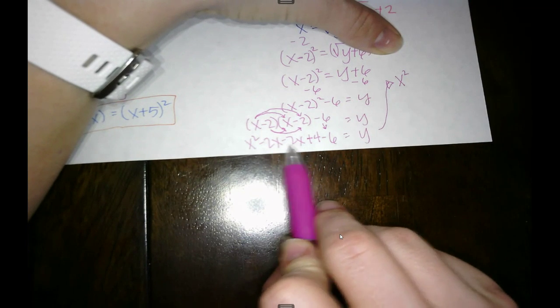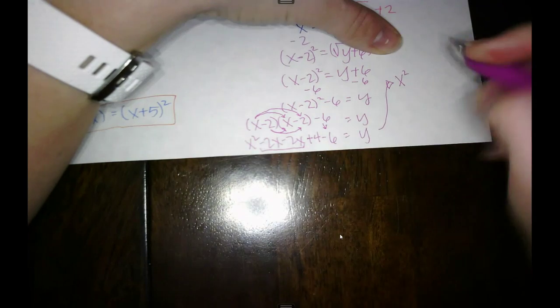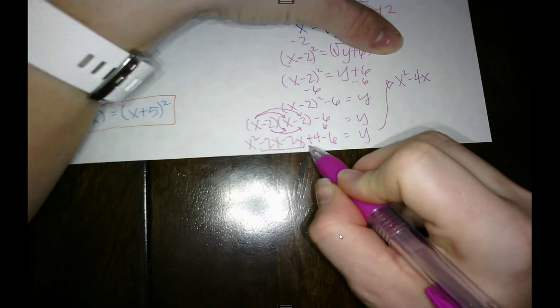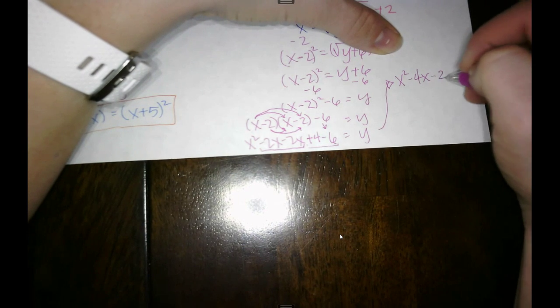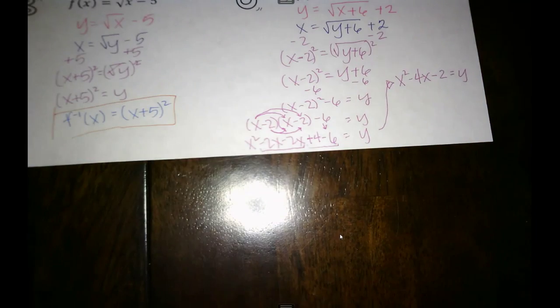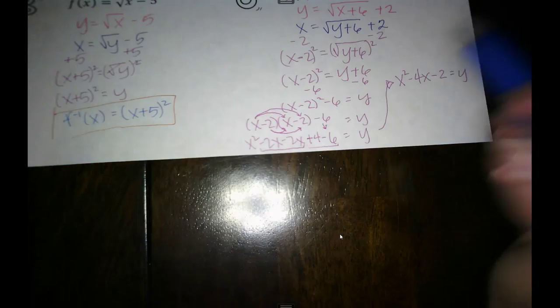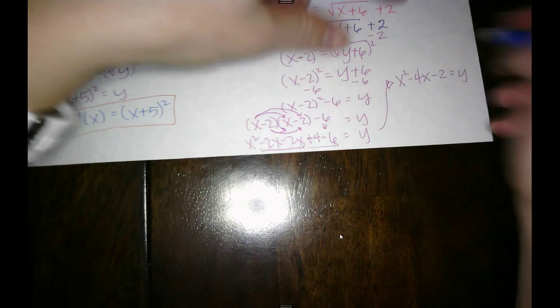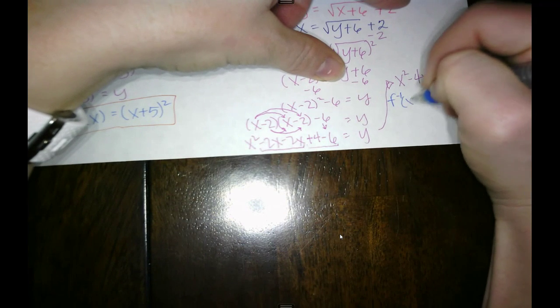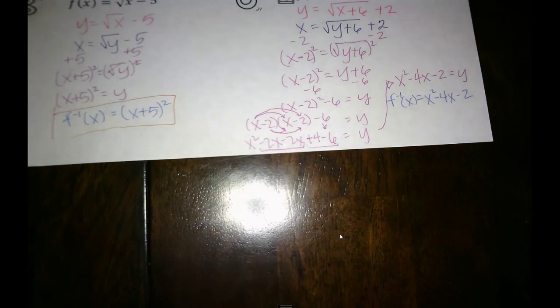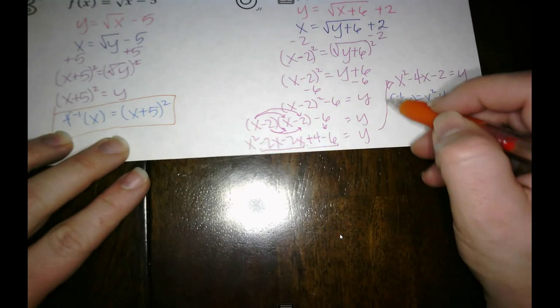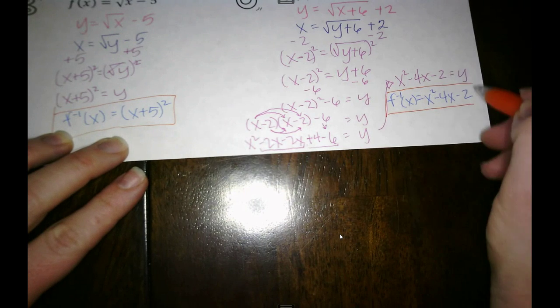Minus 2x, minus 2x, those are like terms, and that's minus 4x. These numbers out here are like terms, negative 2. Now we have everything multiplied out, all of our like terms combined, and our y by itself. This finally is our final answer, and I can put it in f of negative 1 of x.